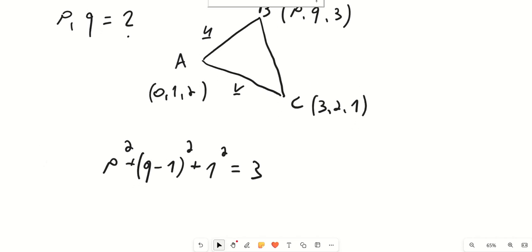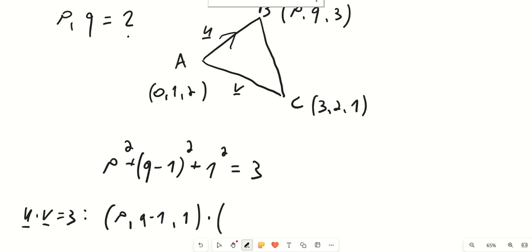And now I will also use the fact that the dot product of U and V is 3. So if I write down the vector U, it's the vector AB, so it is P, Q minus 1, 1. This is the vector U, and dot. Now I'll write the vector V. So it's 3 minus 0, it's 3, 1, and negative 1.